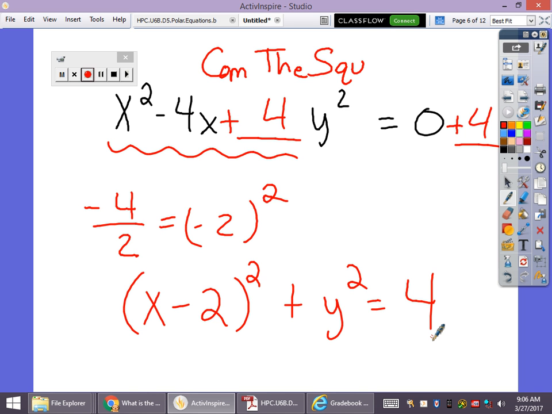Because now it's back in the shape of a circle. From geometry, you learn the equation of a circle. So this is a circle that's been shifted to the right 2. Yes, ma'am.